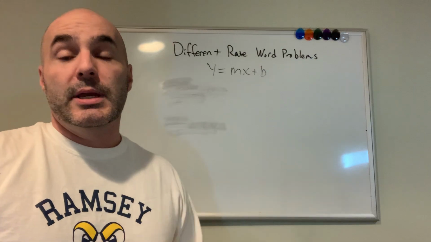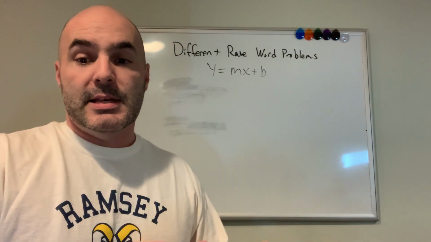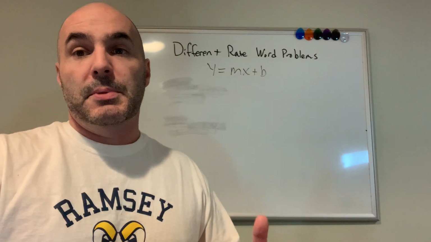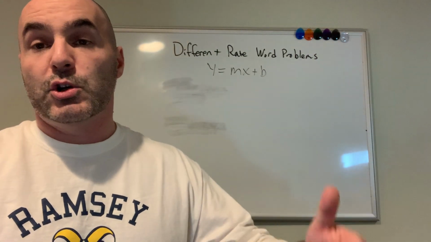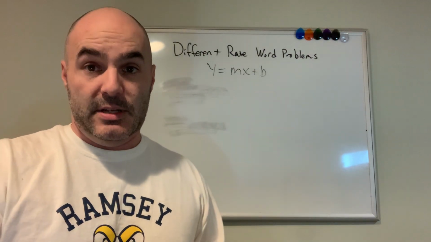And what we're going to be doing here is treating each set of data points as a coordinate. So I'm going to reread the beginning of the problem where it says, my dentist charged me $140 for 2 cavities.